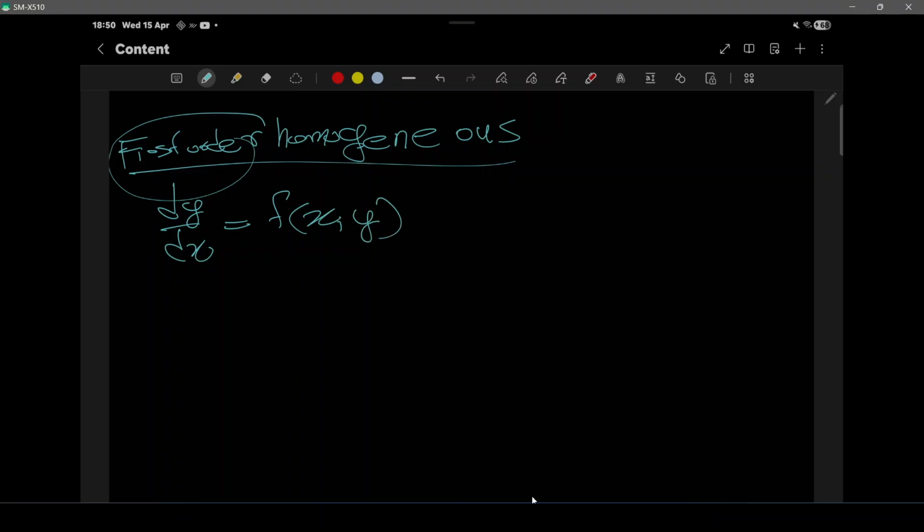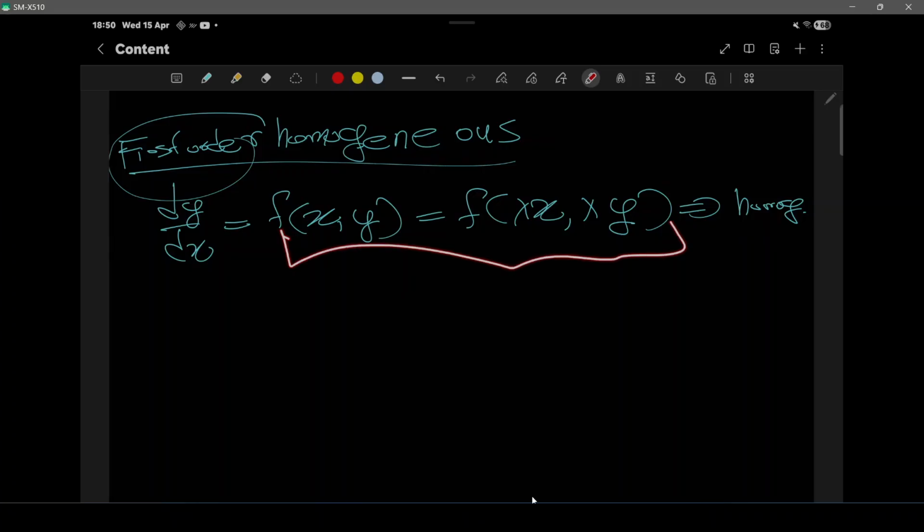If f(x,y) is equal to f(λx, λy), we call it homogeneous. This is the condition we should check to identify a homogeneous equation. If this is satisfied, this is a homogeneous equation.